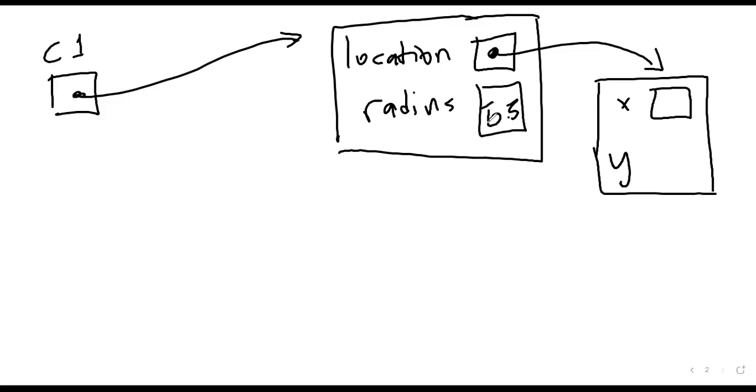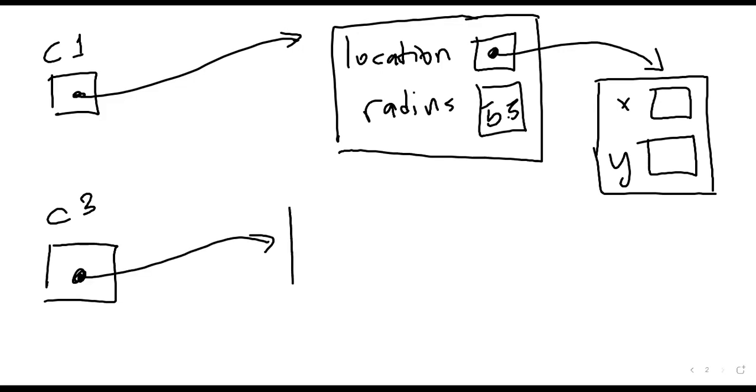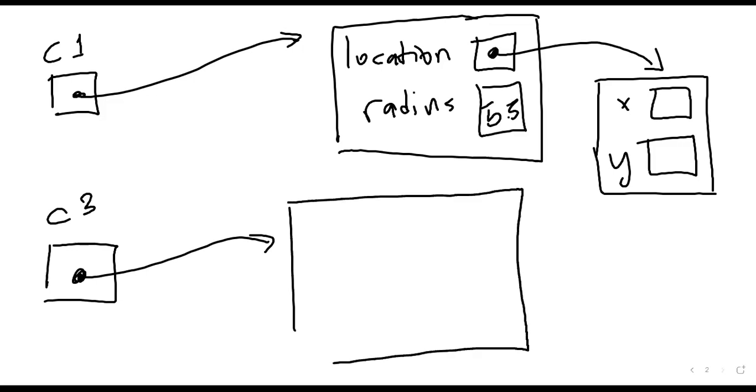and a Y. Okay, now when I make a copy of C1 and I have C3, that's the reference to the copy. So C3 refers to a completely separate circle object. Okay, but this circle object also has a location and a radius.